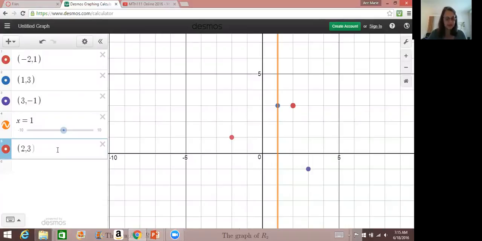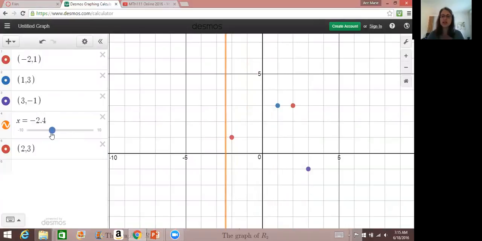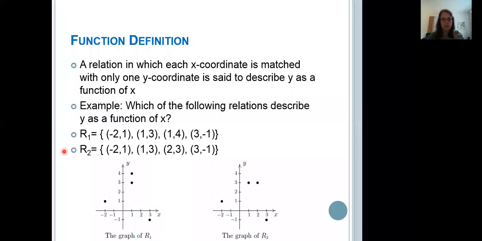Sometimes it's not my friend. There we go. Okay. Now what happens if I move my vertical line through all the x values included in the function? Look at that. It never hits any more than one point included in the function. This relation is a function because there's no repeated y's. Okay? All right.